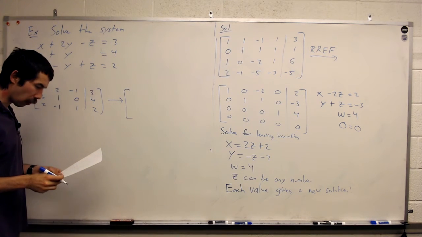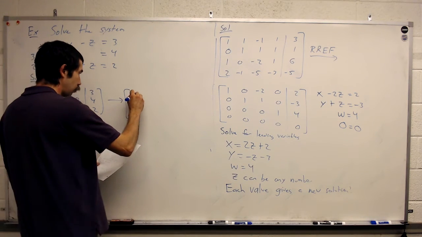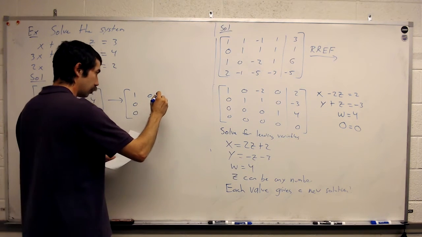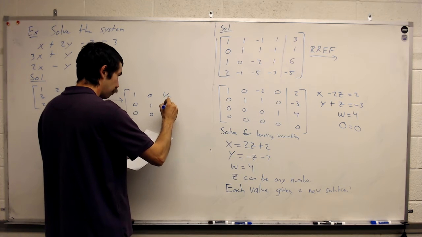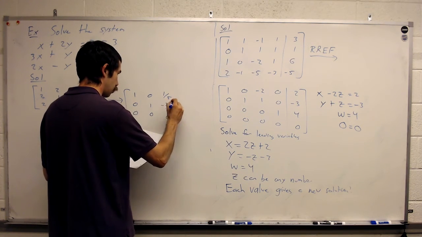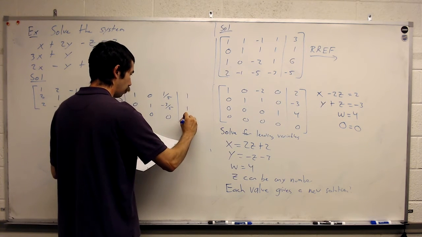All right, when we do our row operations, we get 1, 0, 0, 0, 1, 0, 1/5, minus 3/5, 0, and 1, 1, 1.